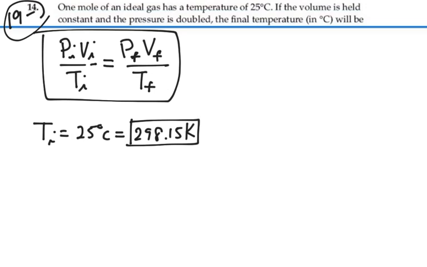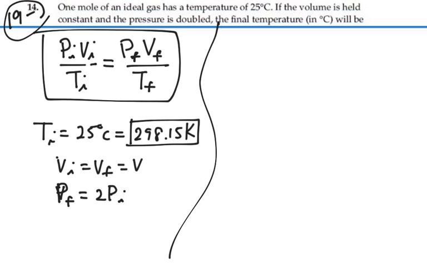The volume is held constant, so our initial volume equals our final volume, so we'll just say that's equal to V. And the pressure is doubled, so our final pressure is equal to twice our initial pressure. So, let's solve this for our final temperature.